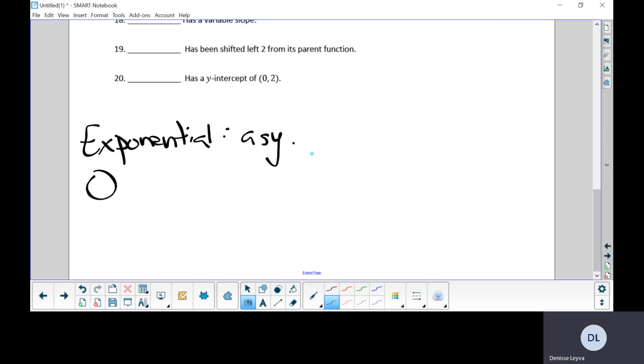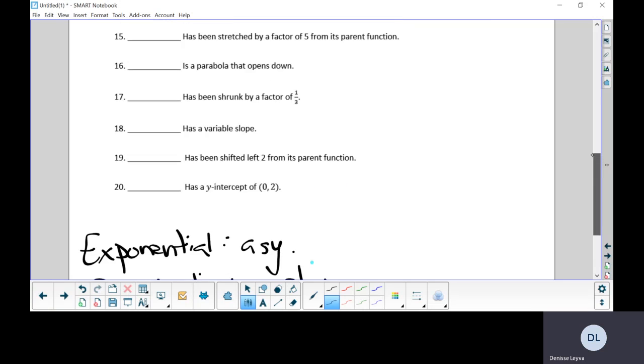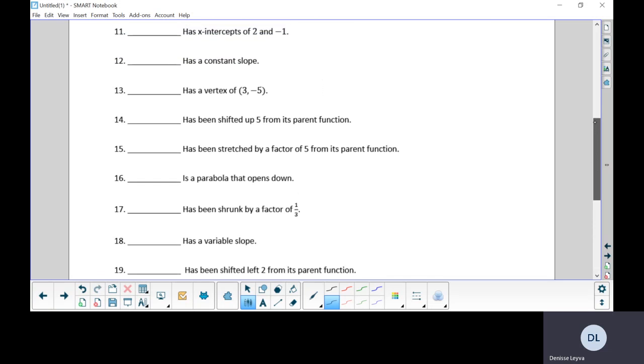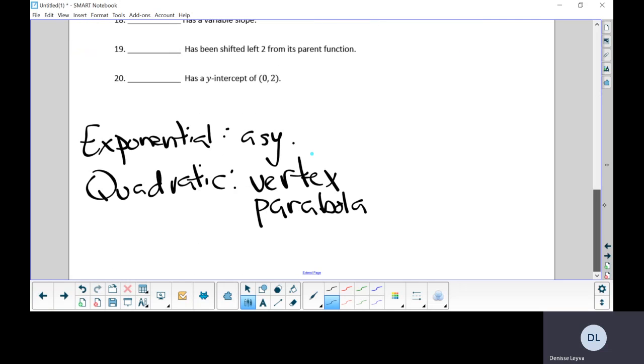When we look for quadratic functions, if we see the word vertex, that should automatically tell us that we have a quadratic function. And if we see the word parabola, that means it is a quadratic function. You're not going to have a parabola with an exponential and a linear function. As well as, what's very important, linear is the only one that has a constant slope.